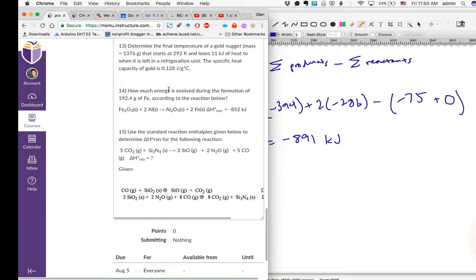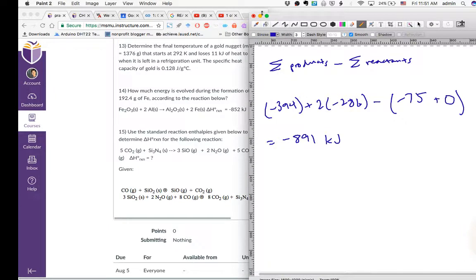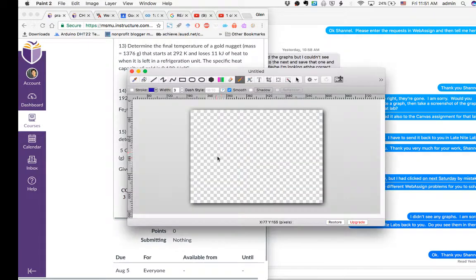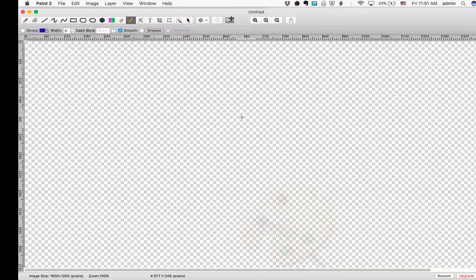Number 13. What's the final temperature of a gold nugget that starts at this temperature, loses this amount of heat, and then this is the specific heat capacity. So this is another one of those heat problems with the Q equation. We're going to be solving for the final temperature.